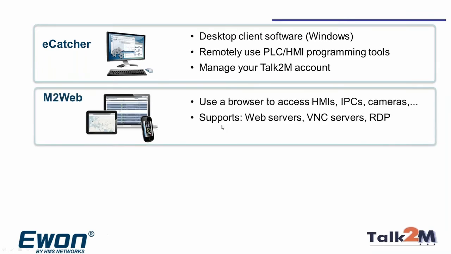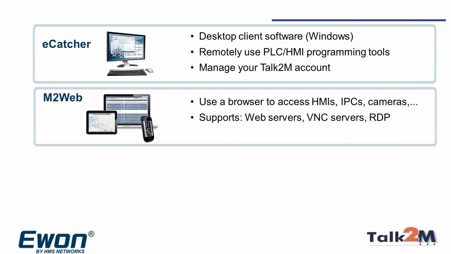In addition to the eCatcher and the Talk2M cloud itself, there is a web browser portal for the Talk2M system, which is called M2Web. This is used for using a browser to reach your Talk2M account.